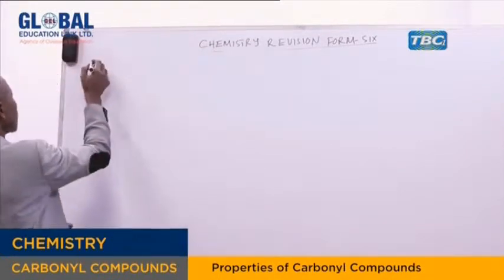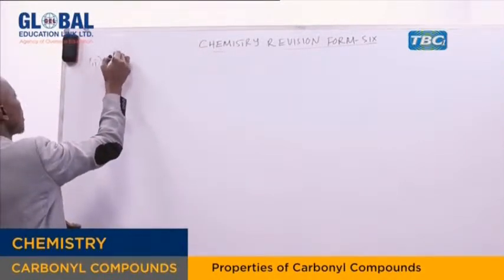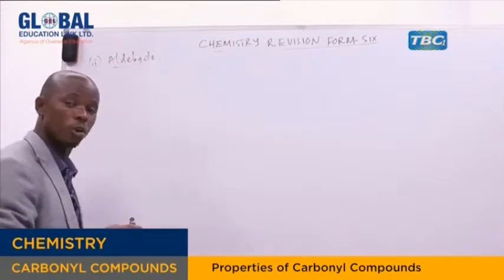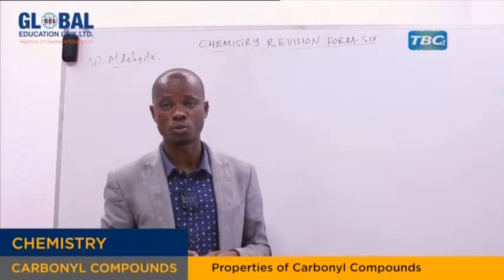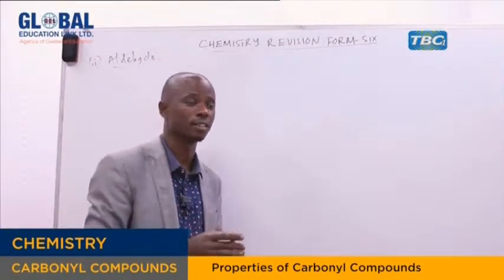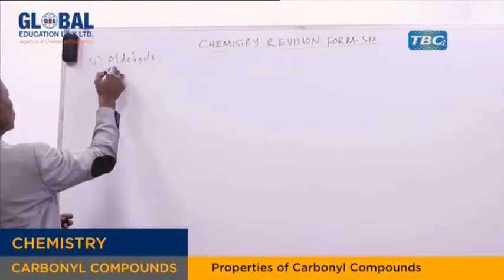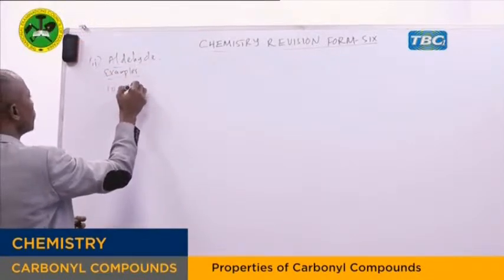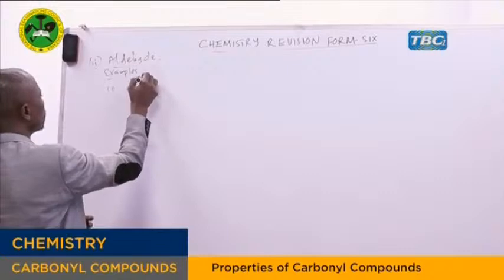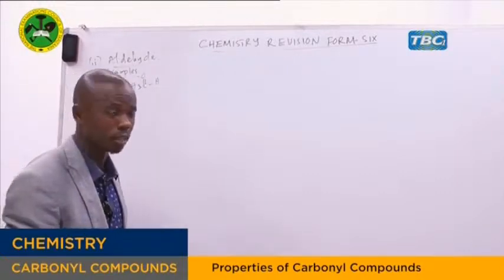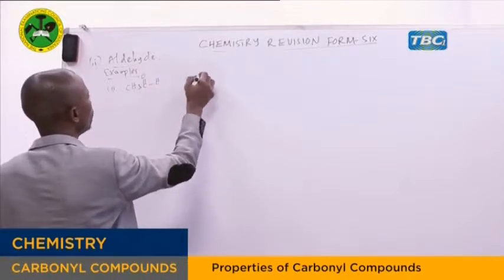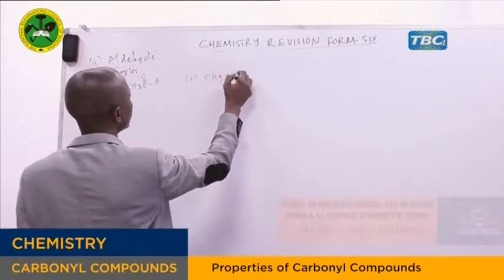Now coming to the second class. The second class is aldehyde. I'm also going to give you some examples so that you can define it. Examples. Number 1, we have this one. This is example 1. Number 2, we have this one.